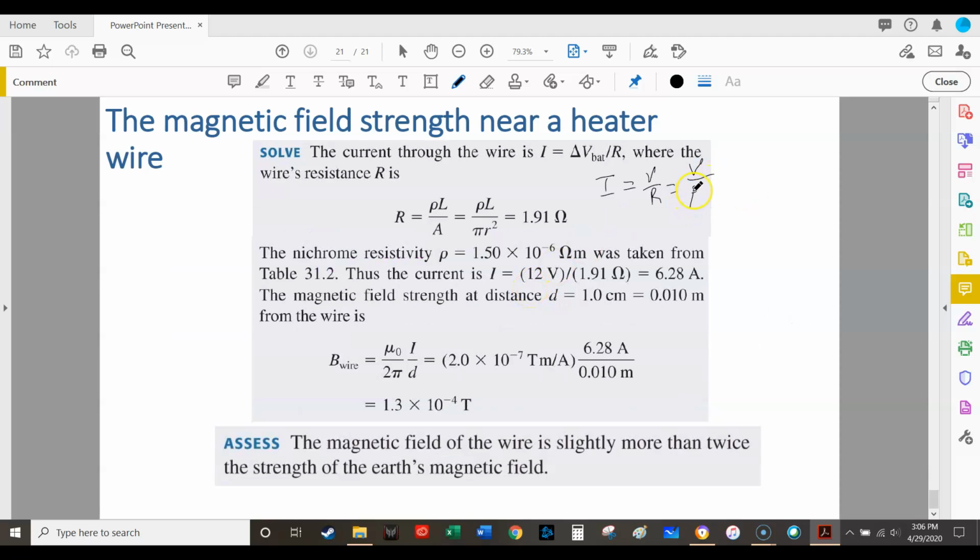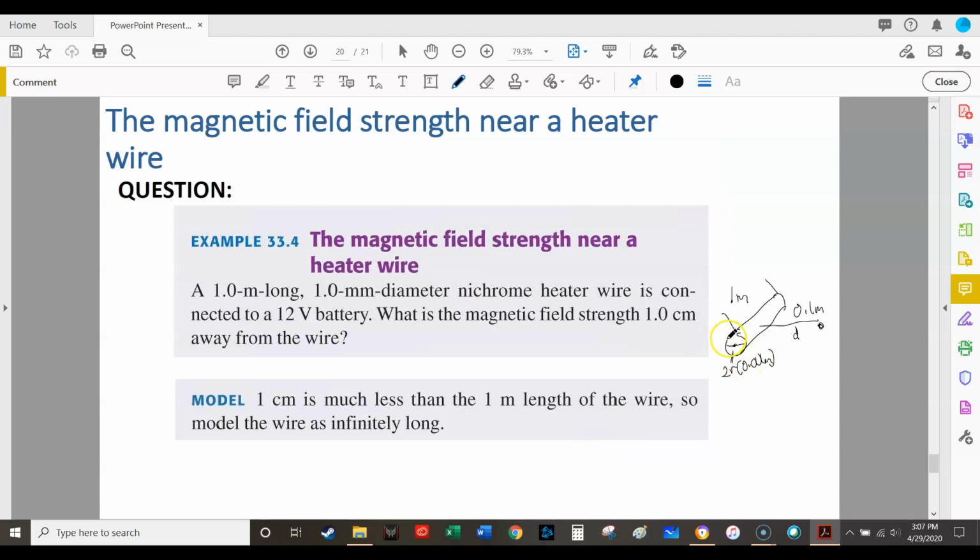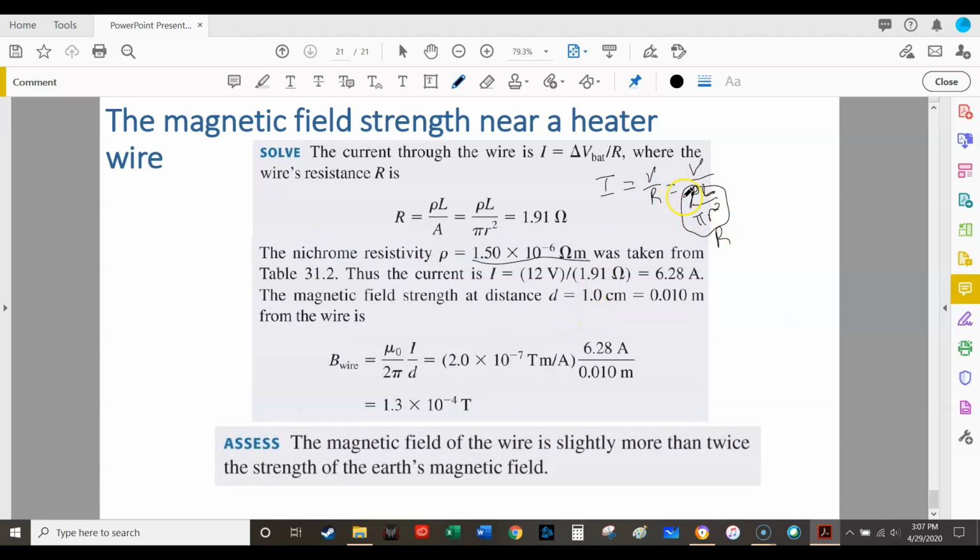So that's going to account for the resistivity, and so the resistance of a wire is equal to the resistivity of nichrome times the length of the wire, divided by the area of that wire, the cross-sectional area.